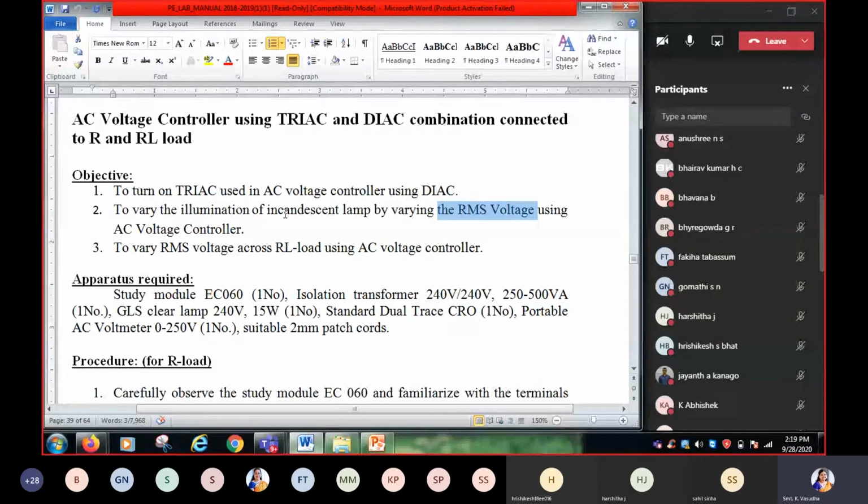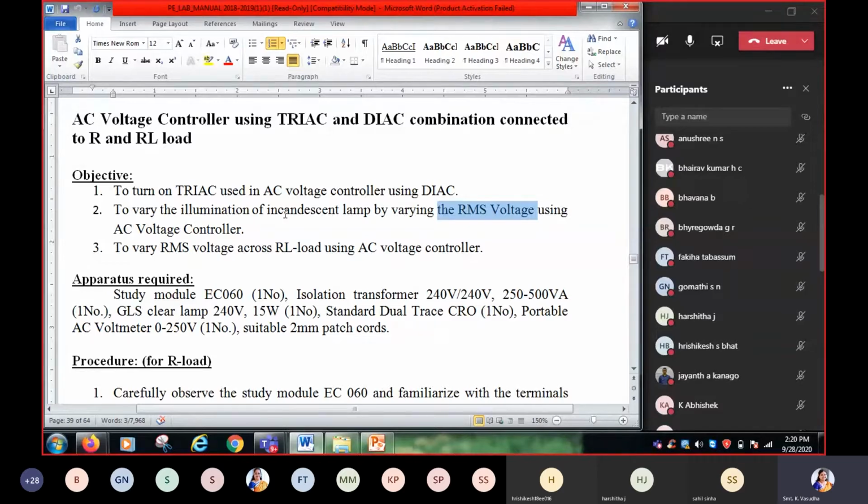The brightness will be increased and decreased. You can view physically as the RMS value voltage at the output of the AC voltage controller increases, the brightness of the bulb will increase. As the firing angle increases towards 180 degrees, the brightness of the bulb will increase or decrease.